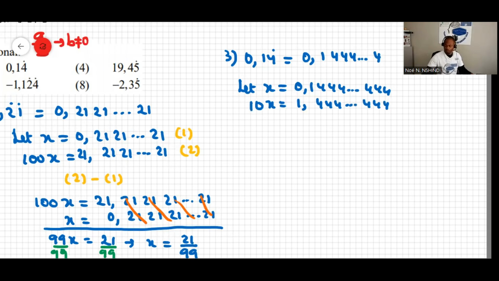Now this is equation 1, and that's equation 2.